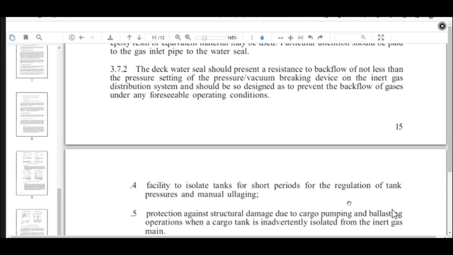Wet means the gas coming from the blower will actually pass through liquid, therefore it is called wet. The inert gas passes through the sealing liquid before it goes to the tank.